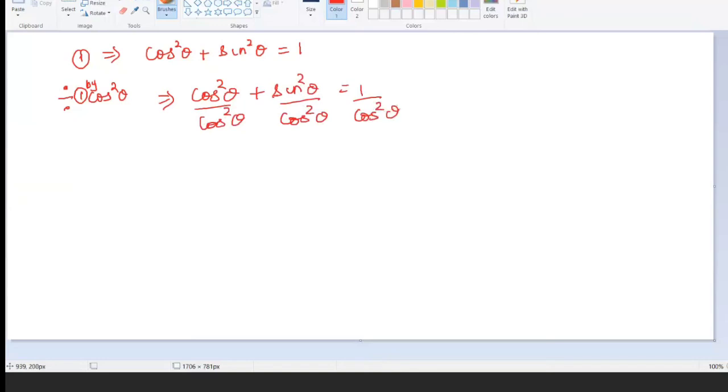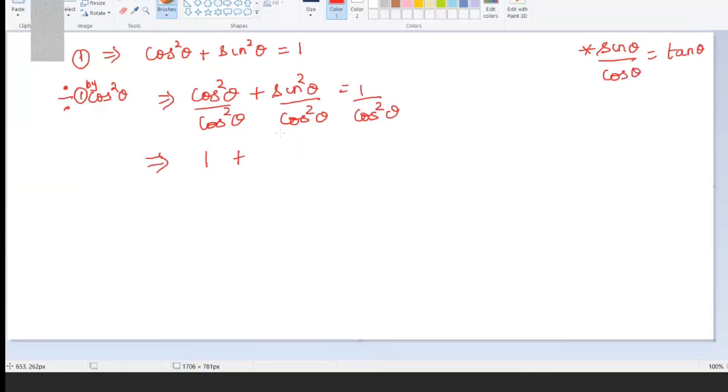Who is sin by cos? Here put a star and write: sin theta by cos theta is nothing but tan theta. So sin by cos is tan theta.